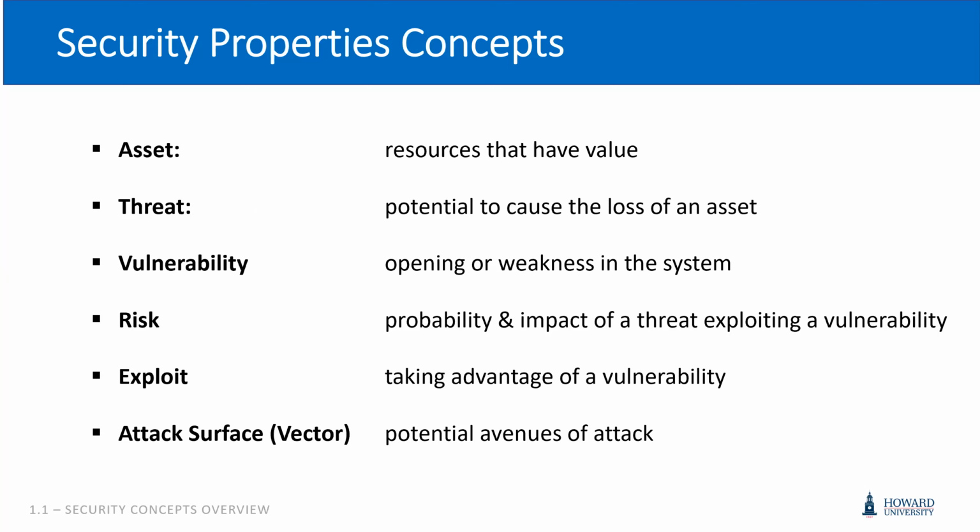That's where the threat takes advantage of the vulnerability and potentially caused loss or damage to the asset. Then finally, the attack surface. This is the vector, the gateway, the pathway that the threat, the bad actor, uses to attack, to damage your asset, to exploit, excuse me, your asset.